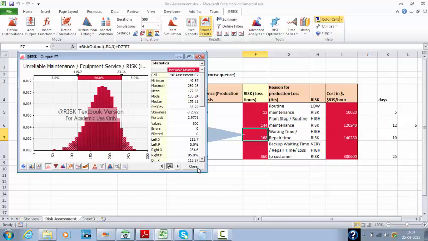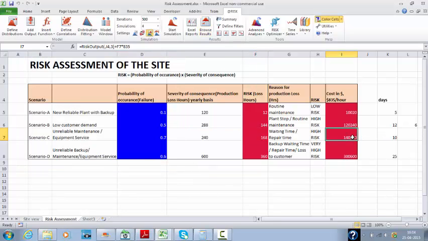Okay, the cost is high. This cost is the cost to the production. It doesn't account for the cost of maintenance. We have not factored that in that particular cost. It's only the cost we will incur if there's a stoppage of production. That's the major component, but there's going to be another cost added to this, which is the maintenance cost.